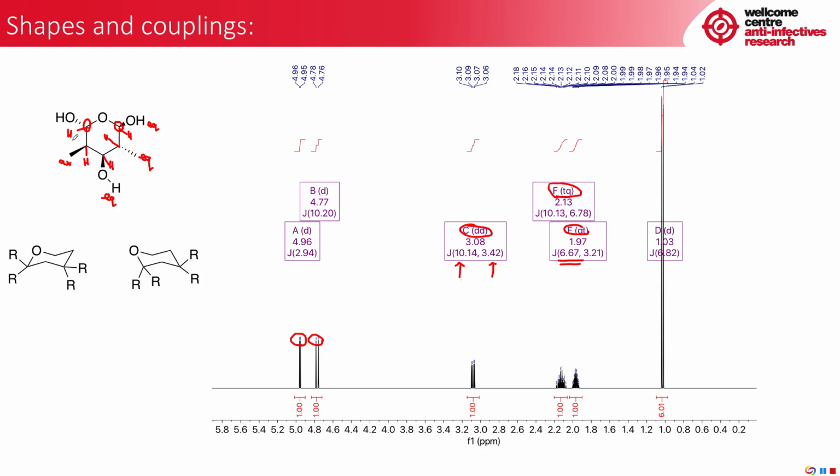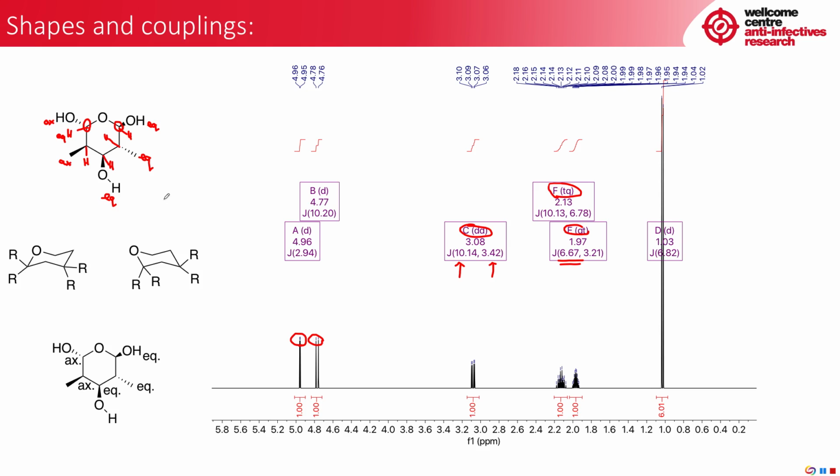This is an equatorial coupling, and that means that this is equatorial and that is axial. And so we have defined the positions in space of all our substituents of this chair conformation.